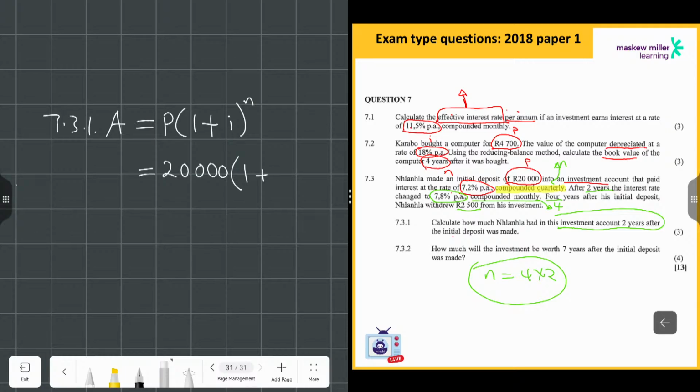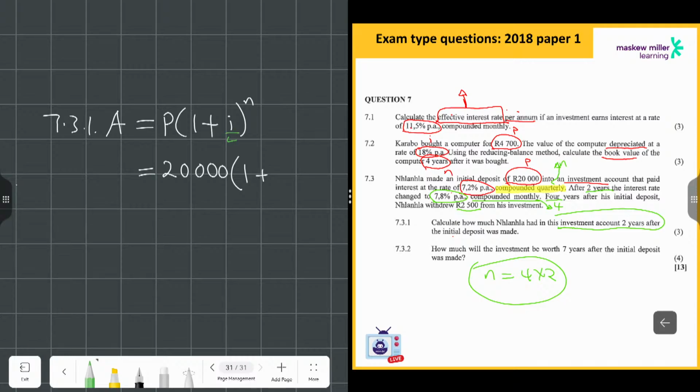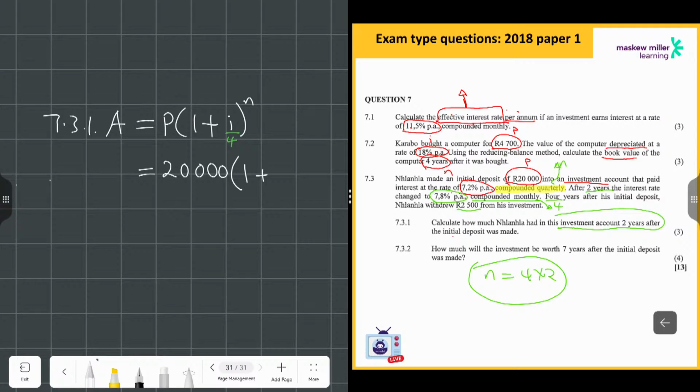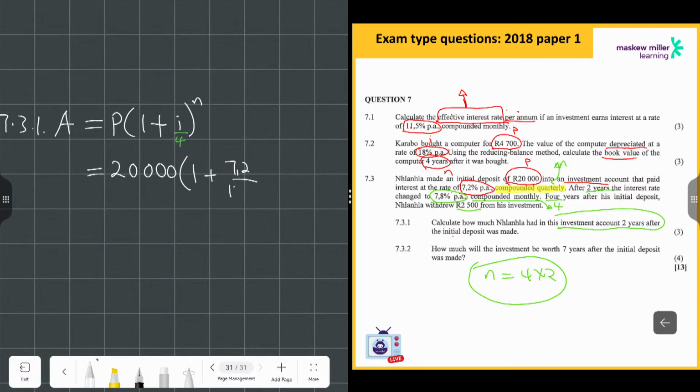So let me use a different color for you to see that. Let's divide by 4 because we are compounding quarterly, right? So we have 7.2, which should be divided by 100, but then it is also divided by 4 to accommodate the quarterly. But we have 2 years as they've indicated here.